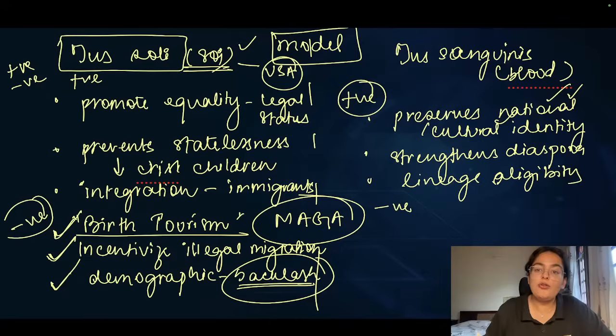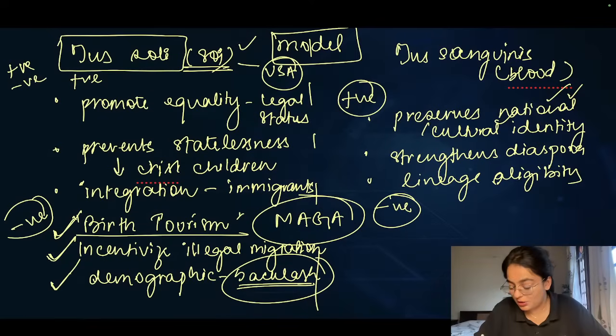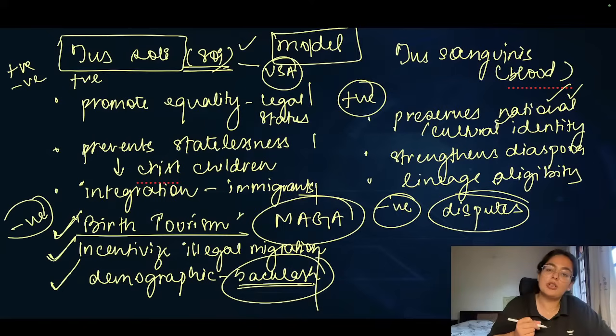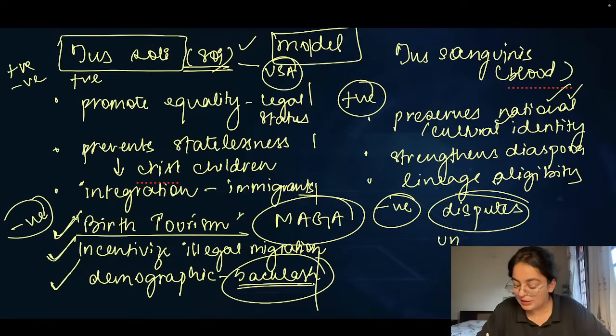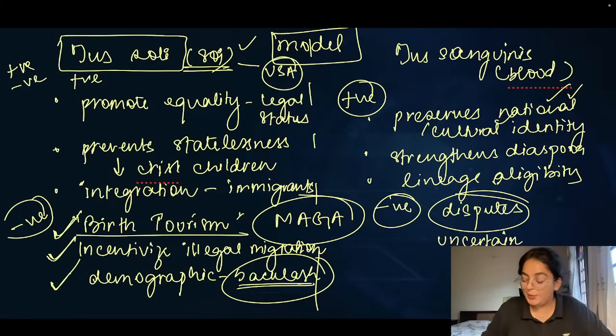What are the negatives of the second model? This is a complex model. That means it will lead to various disputes. There can be disputes. For example, how do you understand the lineage? How do you look at the nationality, etc. There can be uncertainty because a lot of children can be denied citizenship and statelessness, and it can also be criticized on both ends in that way, right?